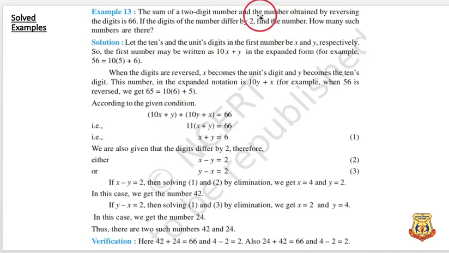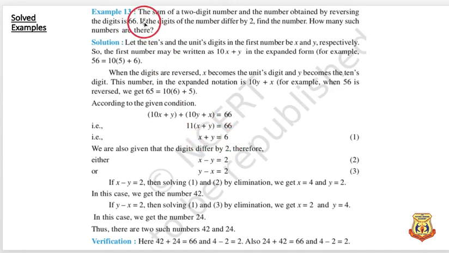And the number obtained by reversing the digits, the y value is now in the tens place: 10y plus x. This is called reversing. So if we add these two values, we get 66. So from here we get one equation, which is x plus y is equal to 6.